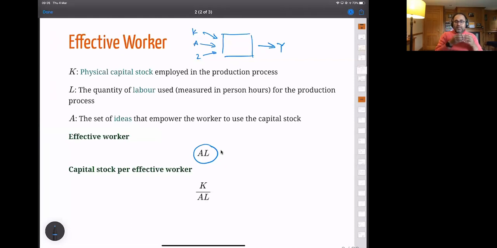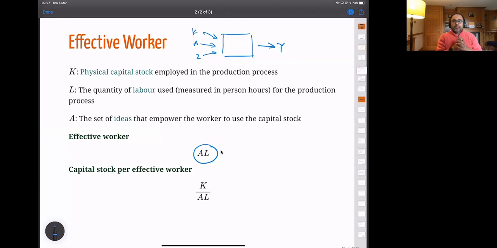So the A are the set of ideas that they get to use the capital, whether these ideas are their own ideas or an idea provided by the manager. These set of ideas are the ones that make the worker more effective. So the notion of an effective worker is take an individual, take the set of ideas they have, and composite them together; the idea plus the worker is the effective worker.